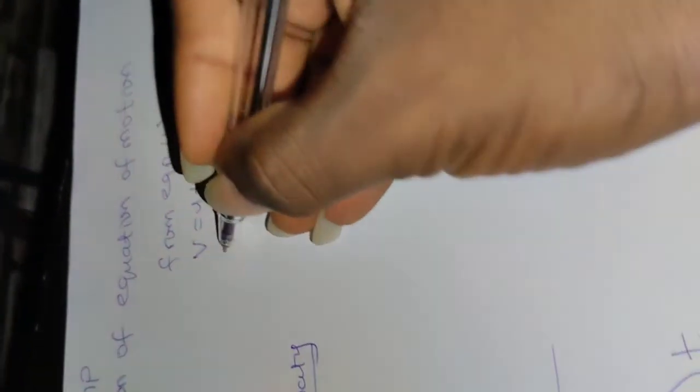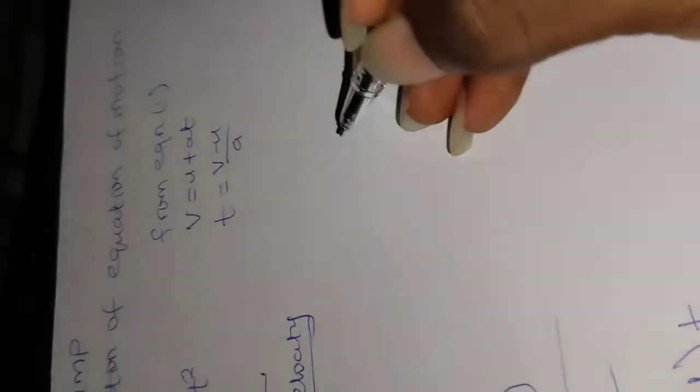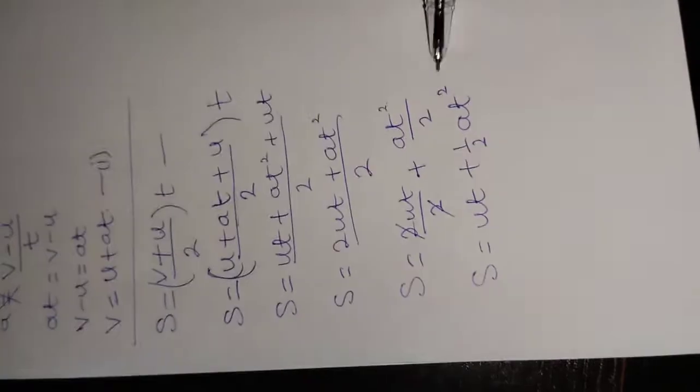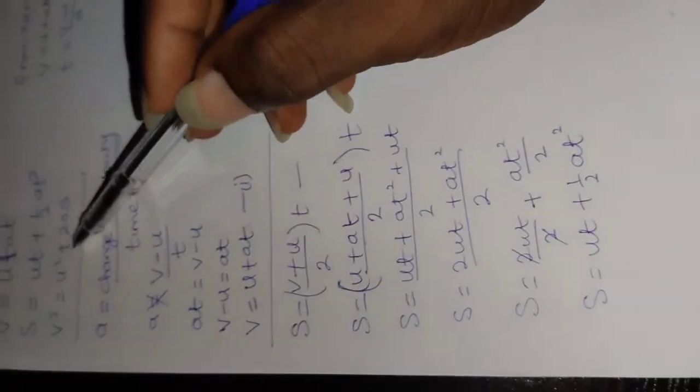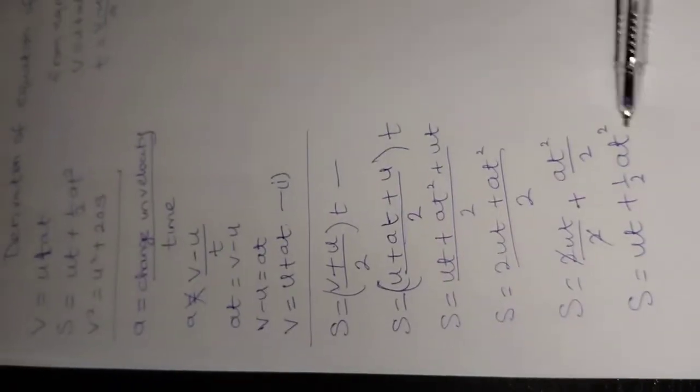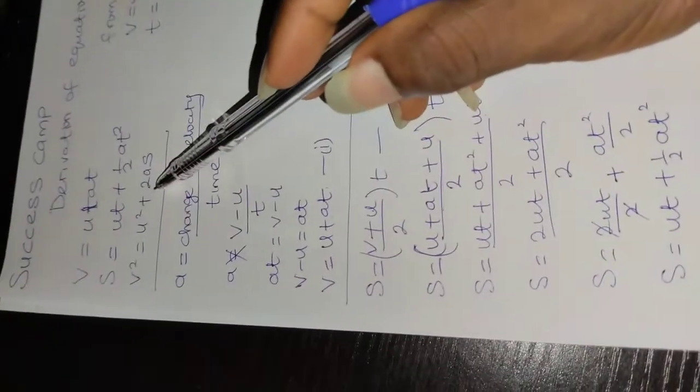Making t the subject of the formula, we say t equals v minus u over a. So we needed the help of this second equation of motion to solve for this third equation.